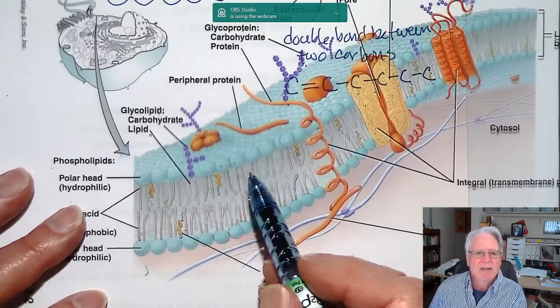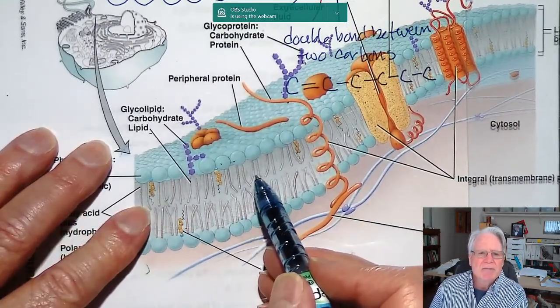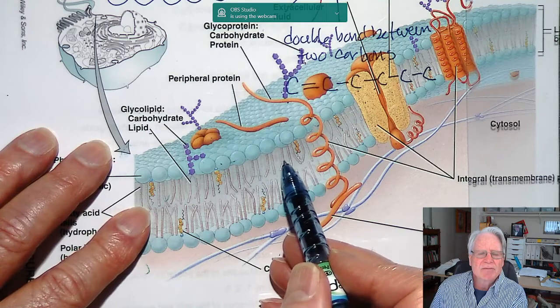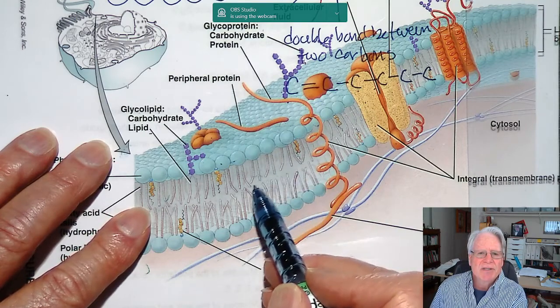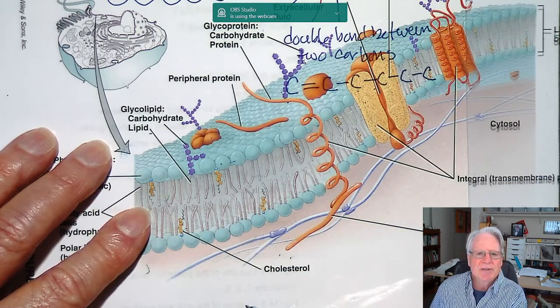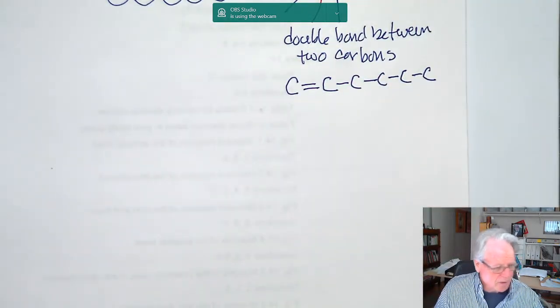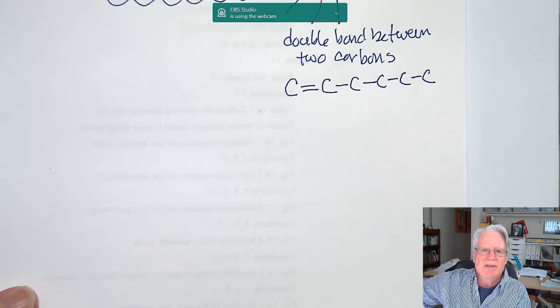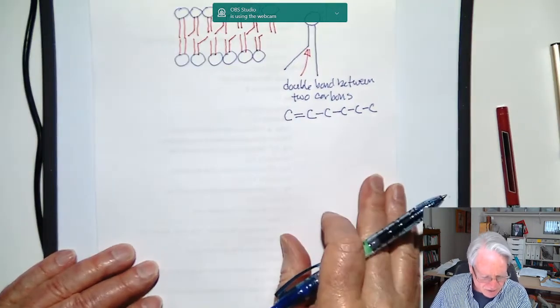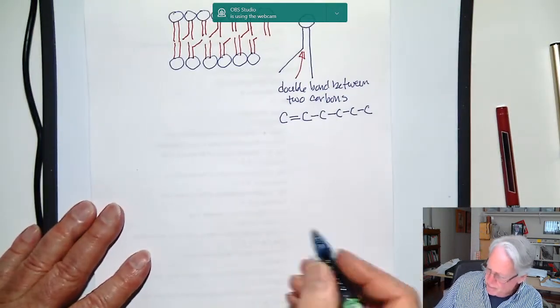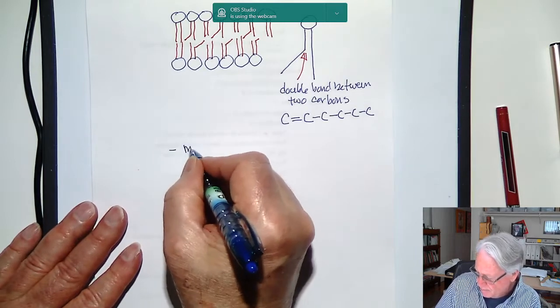Lipid bilayer is fine. And you can see these little dog legs for some of the phospholipids. So what is the importance of those things? And the answer to that is membrane fluidity.